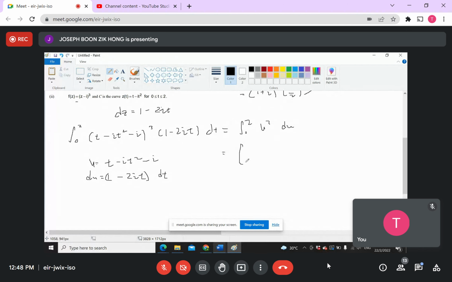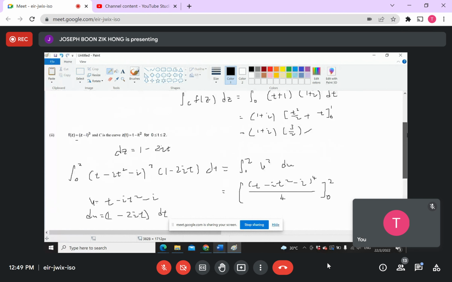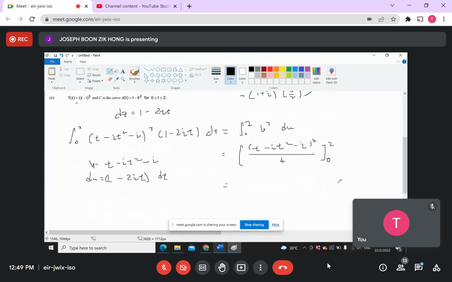Your answer will be u to the 4, that means (t minus i t squared minus i) to the power of 4 divided by 4, from 0 to 2. Put inside, then you will get your answer. I don't know what the answer is, 10 plus 210i, I'm not sure whether correct or not. You can try, but this is the way to do it. No need to expand the power of 3. Expand until you die also haven't done.